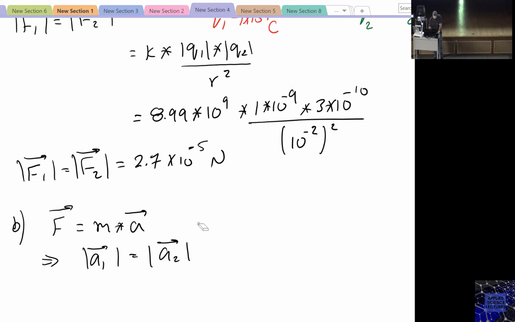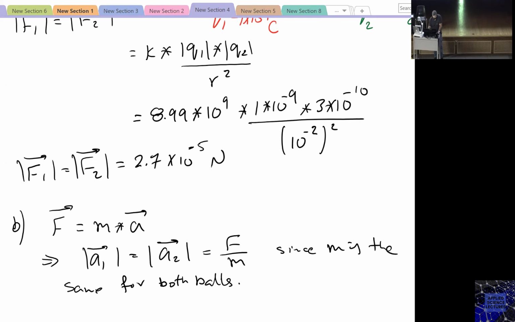Now, all this will equal F divided by m, since m is the same for both.